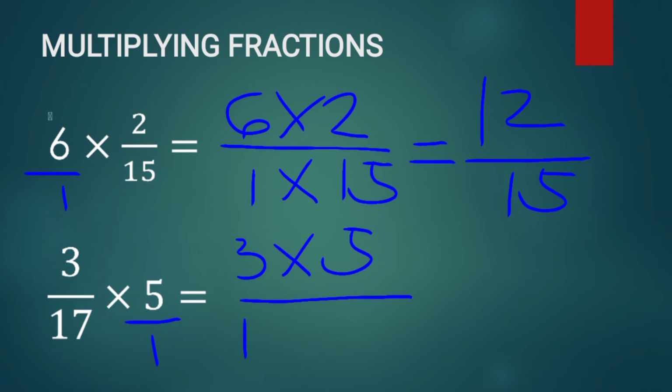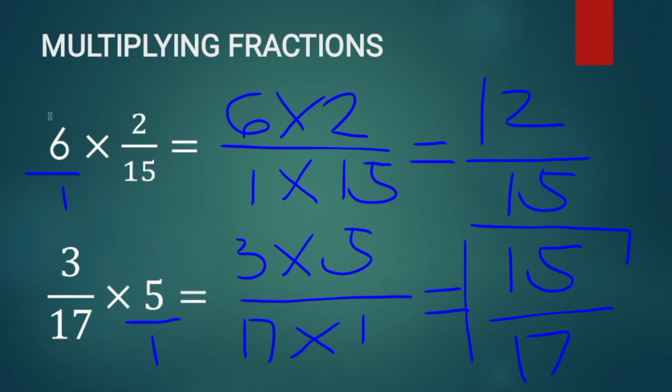We have 17 times 1 equals 3 times 5 is 15. Then 17 times 1 is 17. So therefore, 3 over 17 times 5 is equal to 15 over 17.